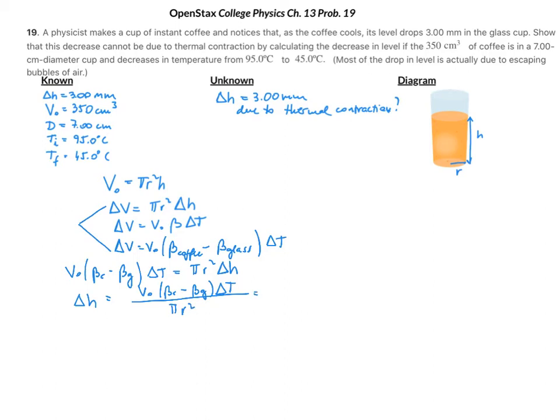I'm going to have to convert everything into meters, or cubic meters in the case of the volume. So V naught then is 350 times 10 to the negative 6th cubic meters.